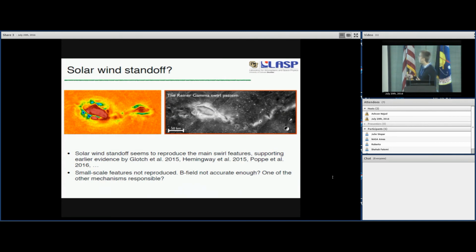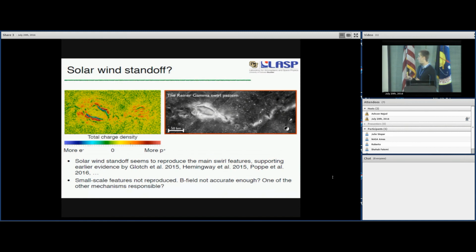Just out of curiosity, this is the total charge density, meaning that 0 means that you have the same amount of ions and electrons hitting the surface. Negative means you have more electrons hitting the surface, positive, or red, means you have more ions hitting the surface.